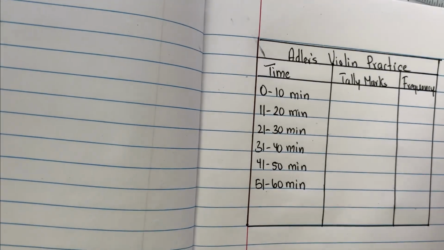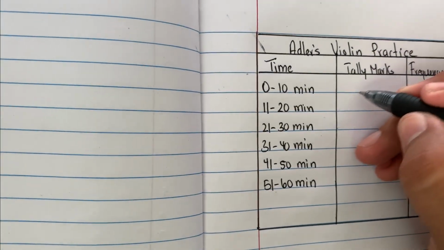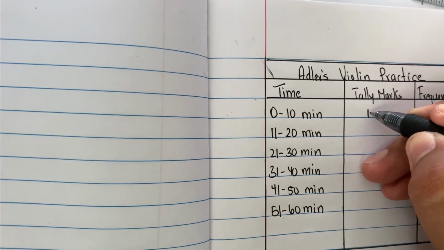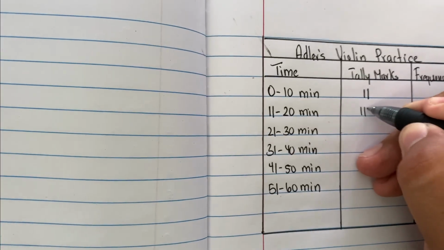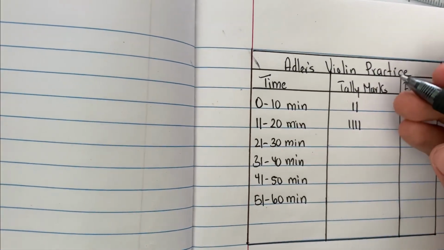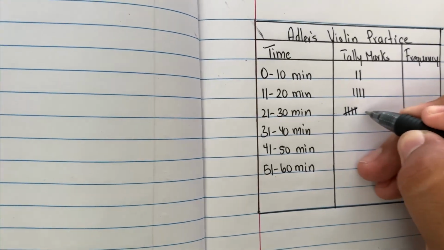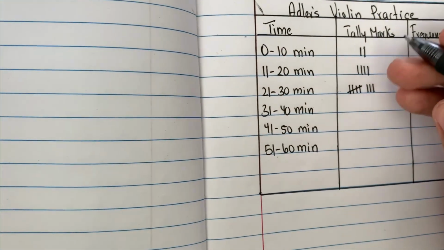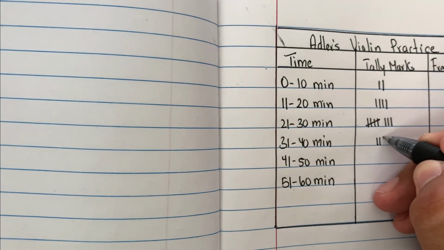Then we have the tally. So there we go, that from 0 to 10 we have 2, from 11 to 20 we have 4, from 21 to 30 we have 8. 1 2 3 4 5 6 7 8. From 31 to 40 we have 3. 1 2 3.